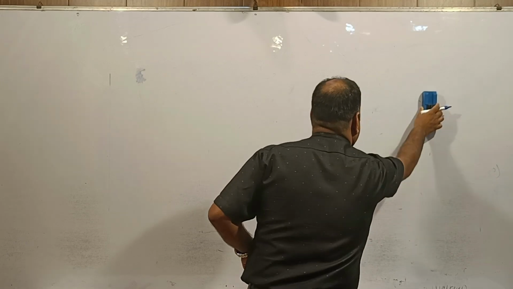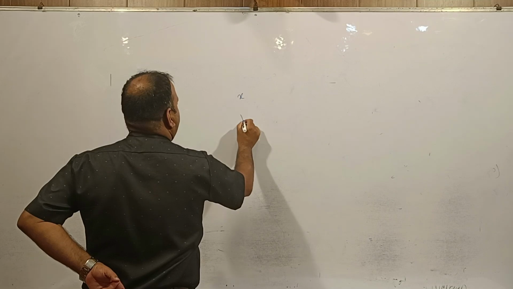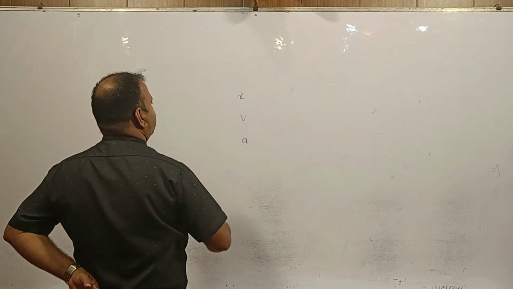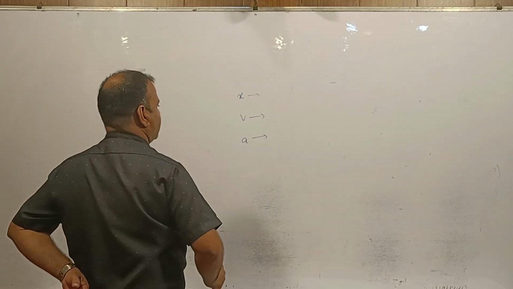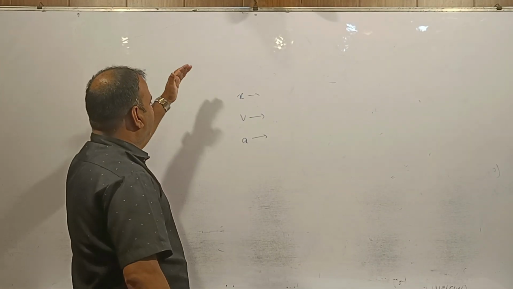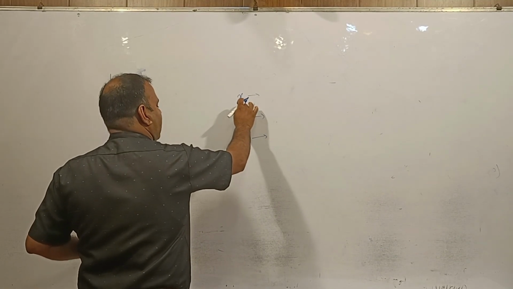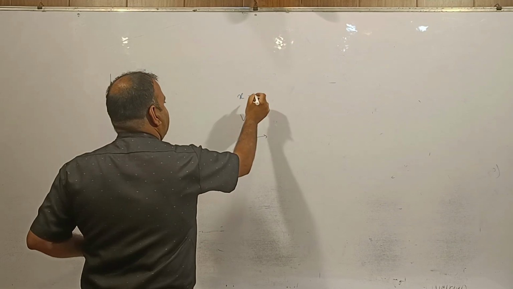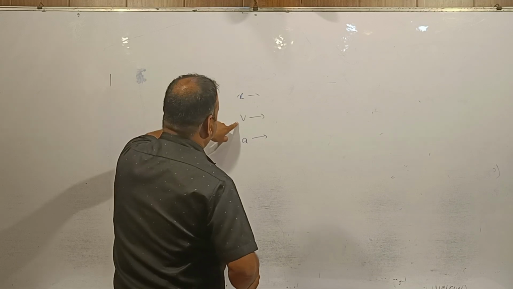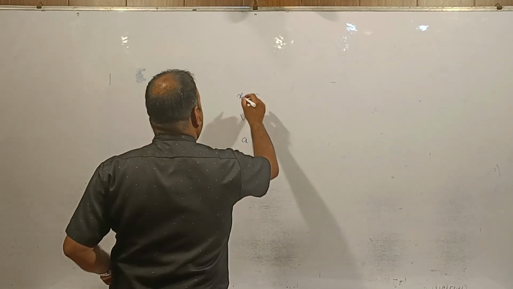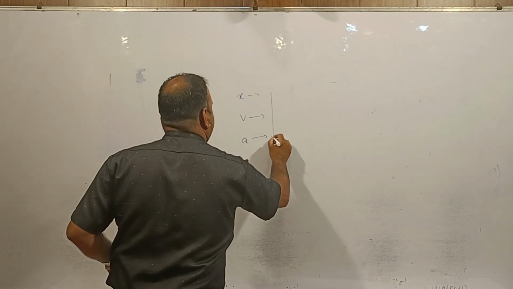Suppose x is given, velocity is given, acceleration is given. This is called displacement, this is called velocity, this is called acceleration. So dx/dt is called velocity. That means this is a big term, this is a smaller term, this is a still smaller term.